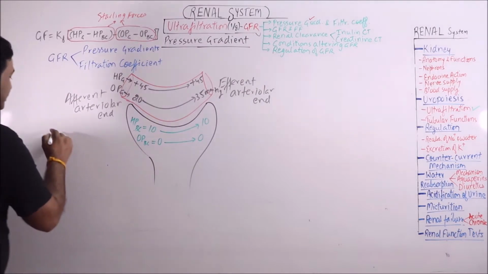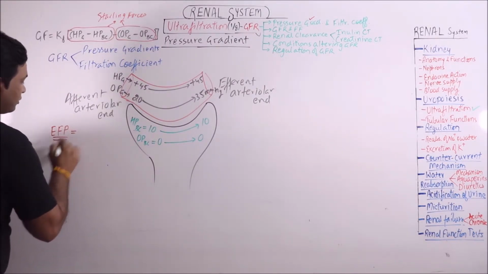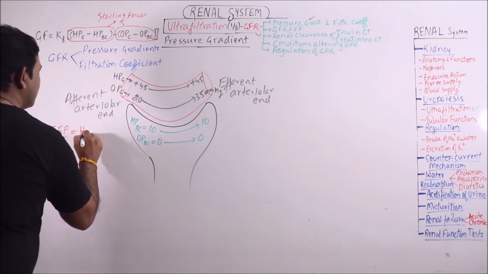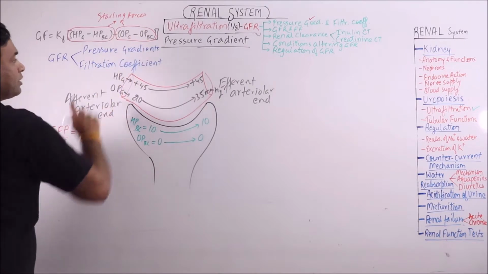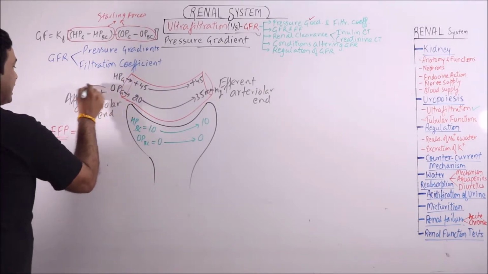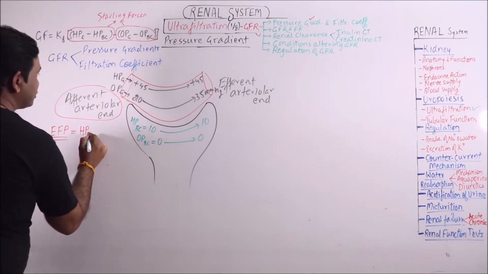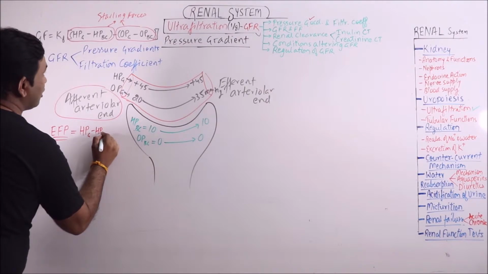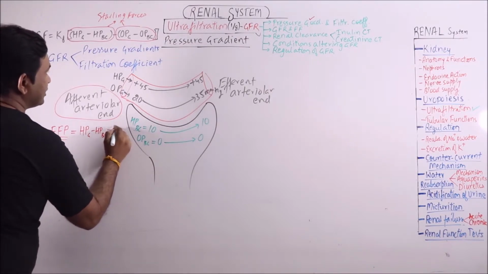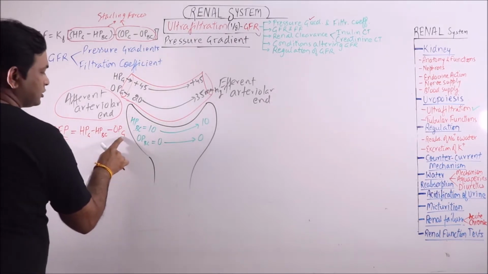Now if we calculate the effective filtration pressure, it is basically the hydrostatic pressure gradient minus osmotic pressure gradient. So at the afferent arteriolar end, it is hydrostatic pressure of glomerulus minus hydrostatic pressure of Bowman's capsule minus osmotic pressure in the glomerulus.